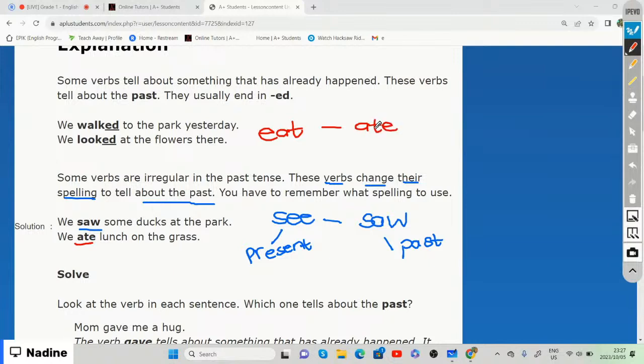As you can see, the spelling changed, not much, but it still changed. So you're just going to have to remember what spelling to use. Eat is in the present and ate is in the past.